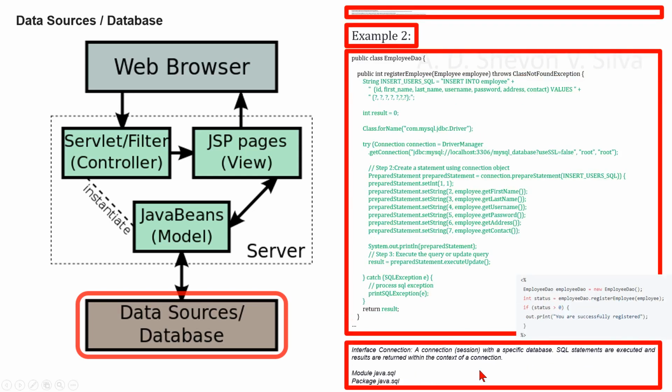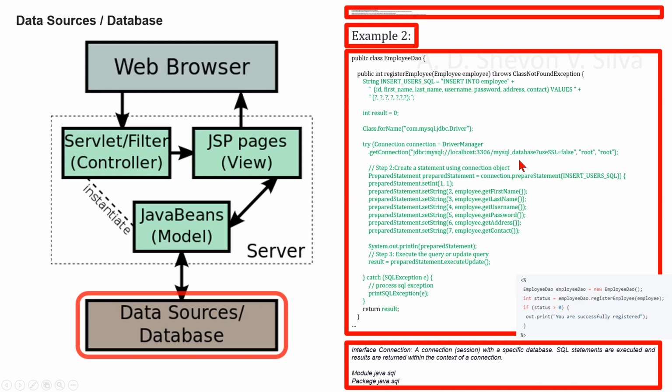As example 2, we can consider this code segment. Here we can see interface Connection, a connection session with a specific database.